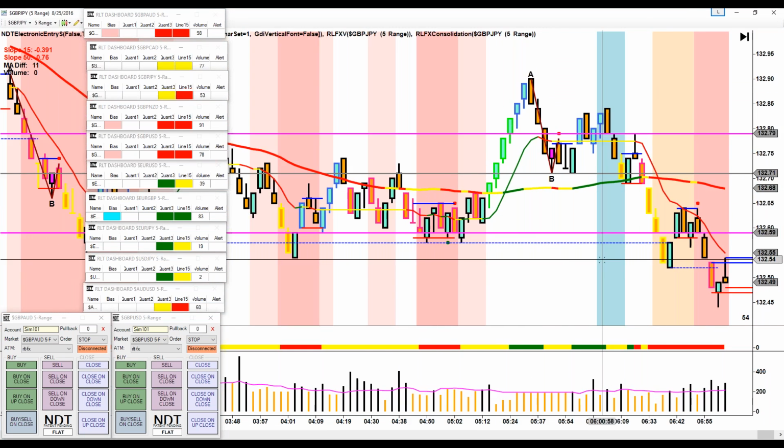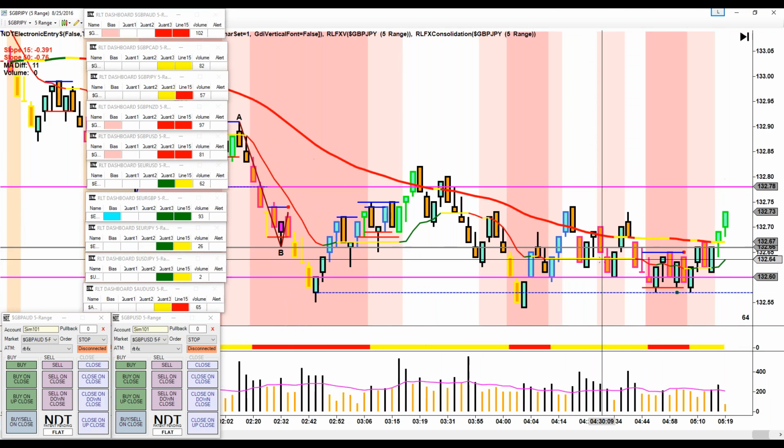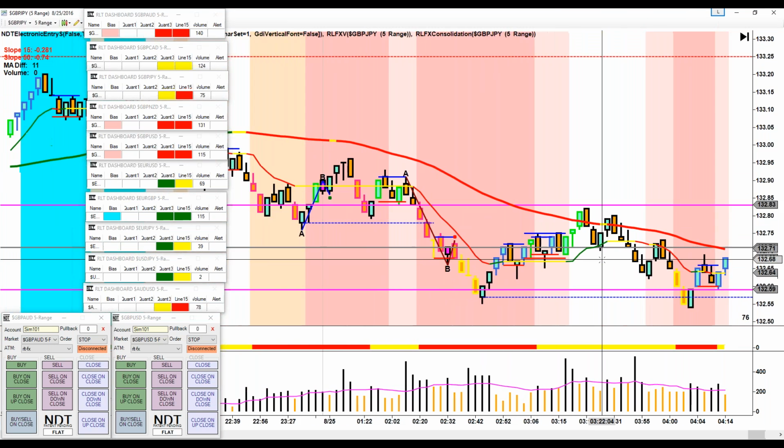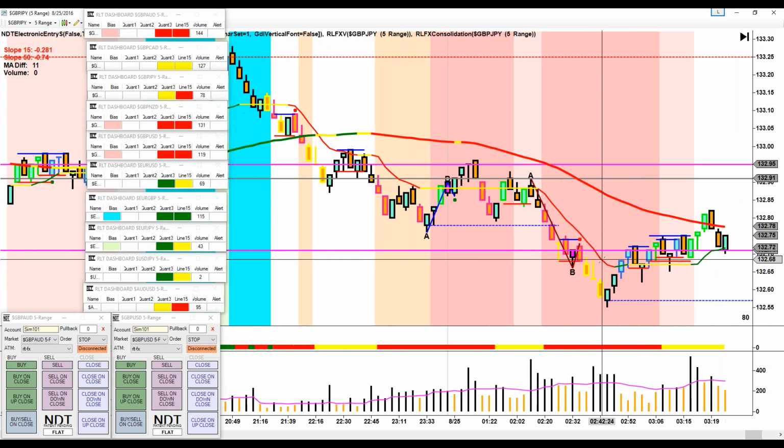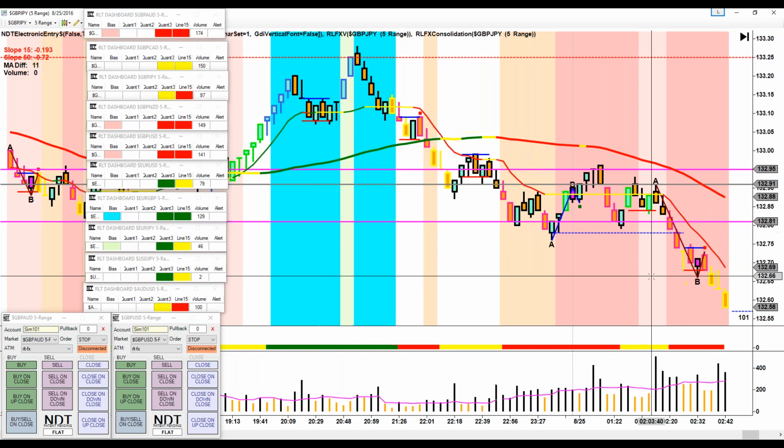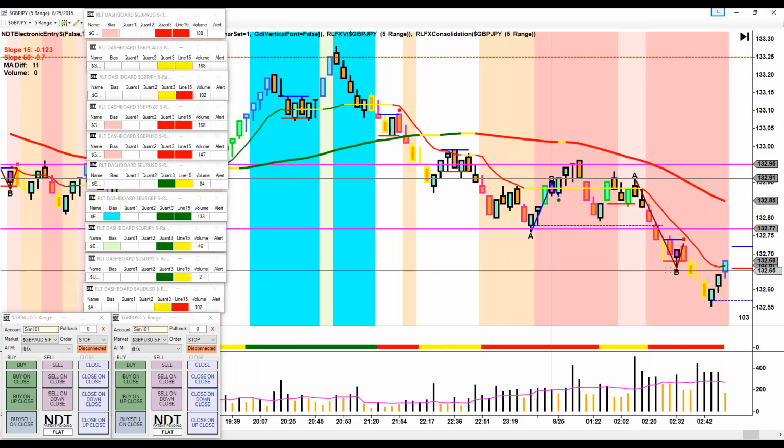Pound yen. As an entry here, I think the market's oversold.